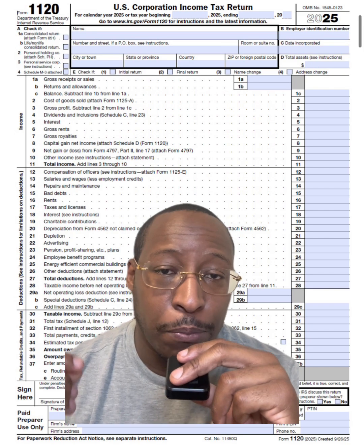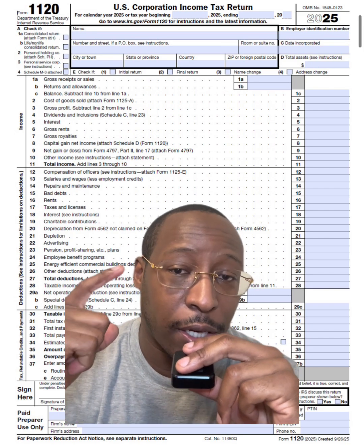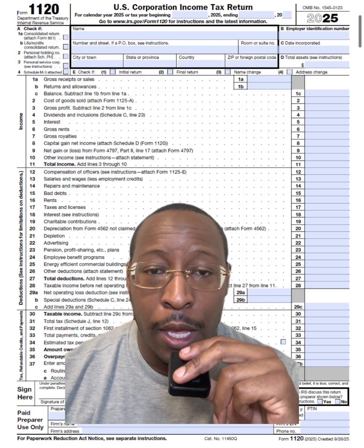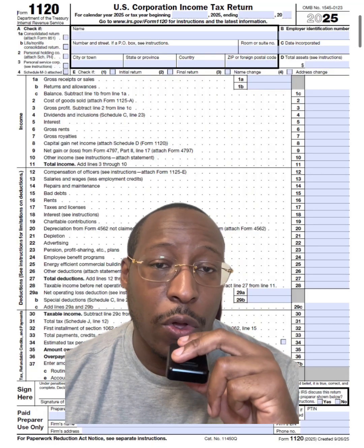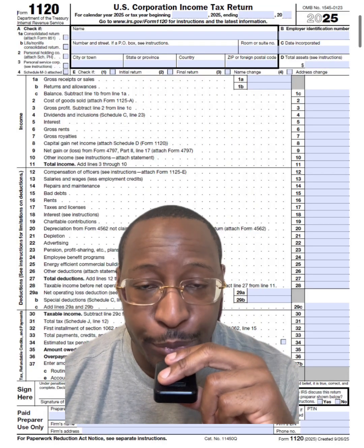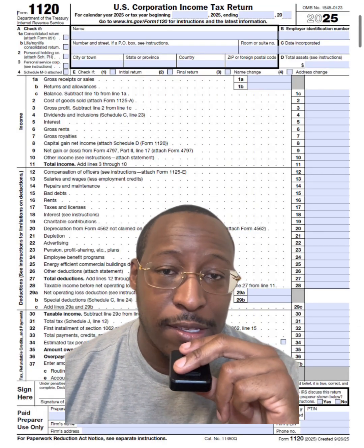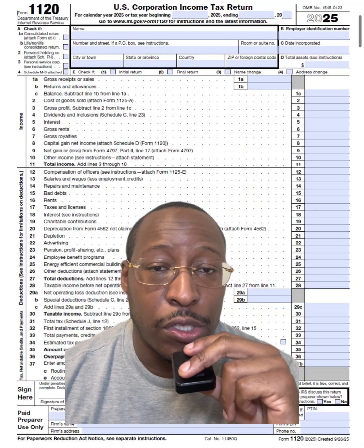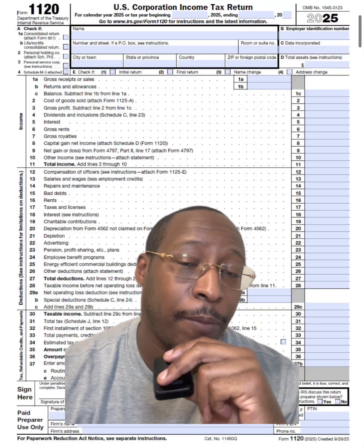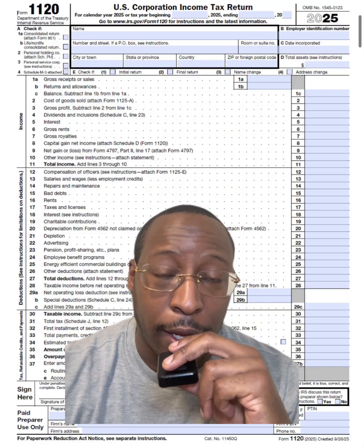And for those distributions, when the shareholders go to file their individual tax return, which is the 1040, they will have to put those distributions in what is called Schedule D of the 1040. That is the capital gains part of the tax return, and whether they're long term or short term will determine what taxes they have to pay on that part of the income.